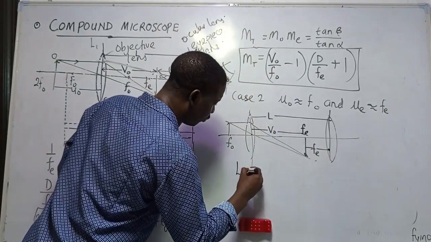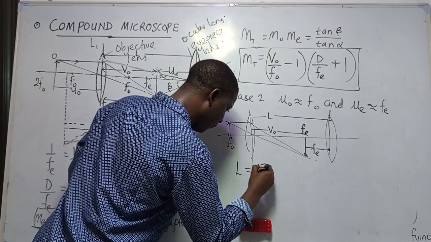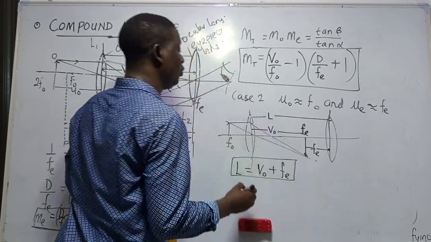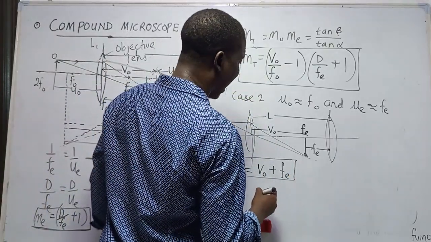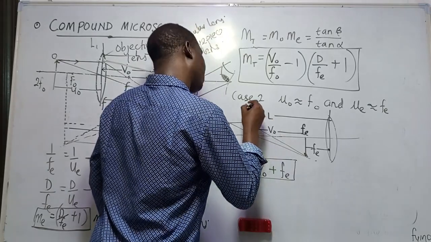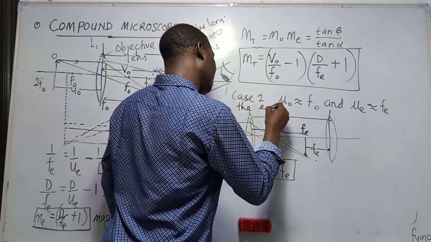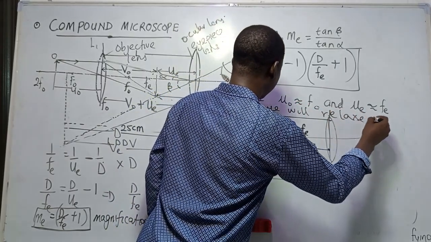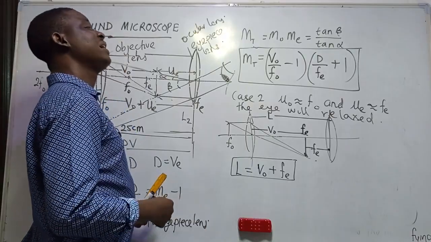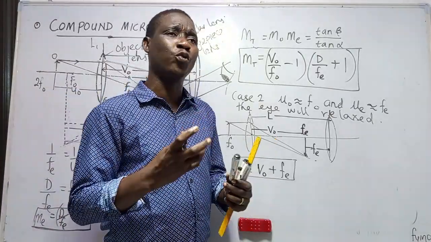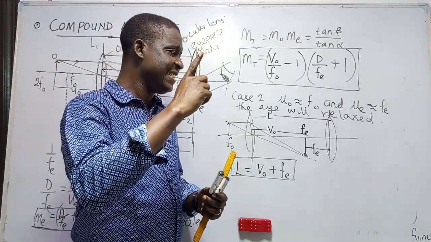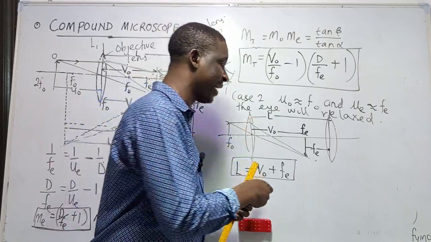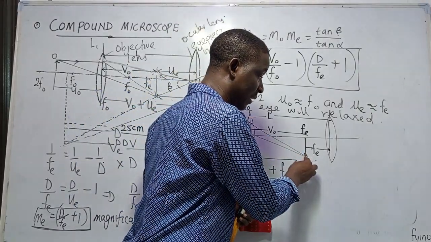That means the total length will now be equal to V naught plus Fe when the eye is relaxed. For the eye to relax, it means that the final image is at infinity.